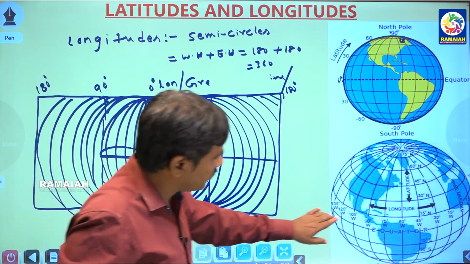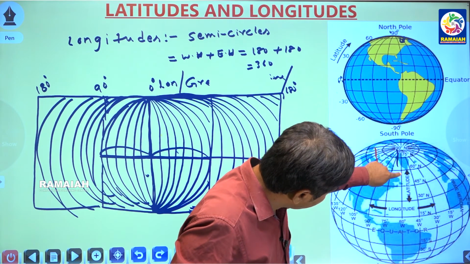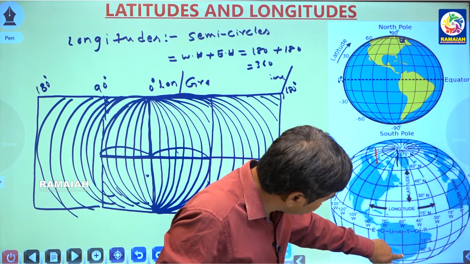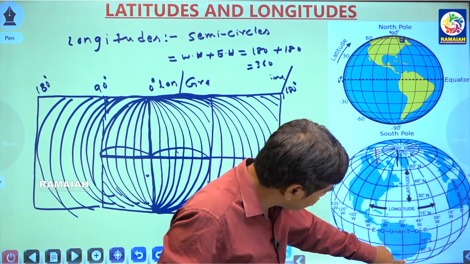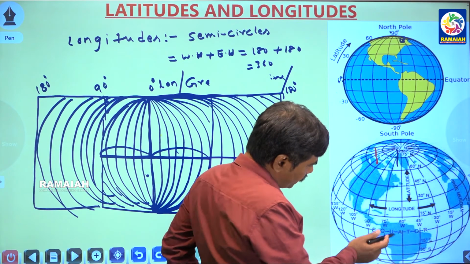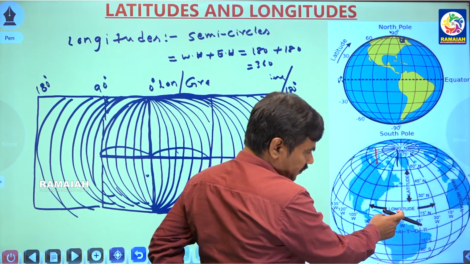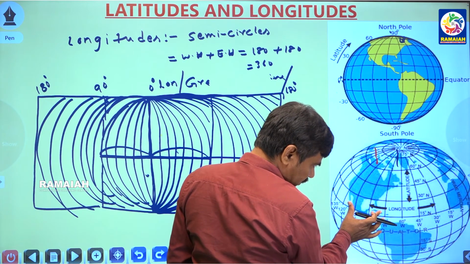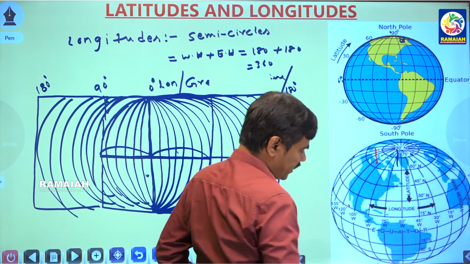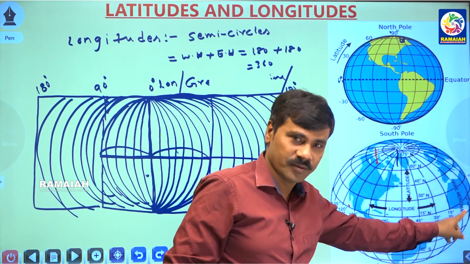Now you can observe here, this is the 0-degree longitude, which is also called the Greenwich line. By the 0-degree longitude, the western part of the area is called the western hemisphere and the eastern part is the eastern hemisphere.